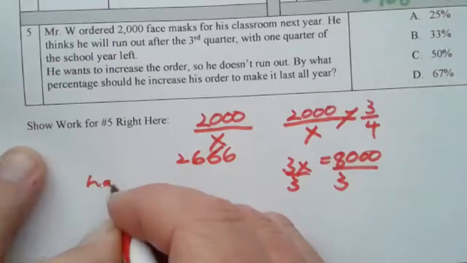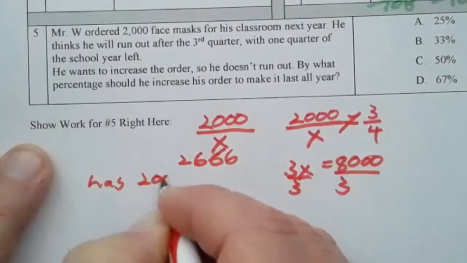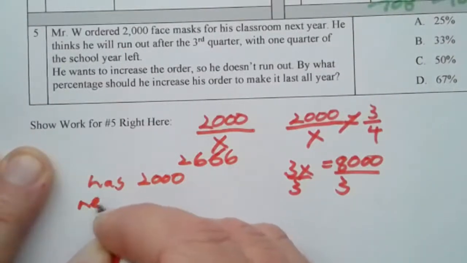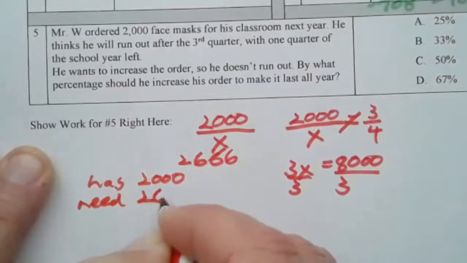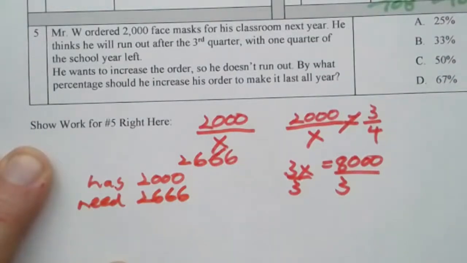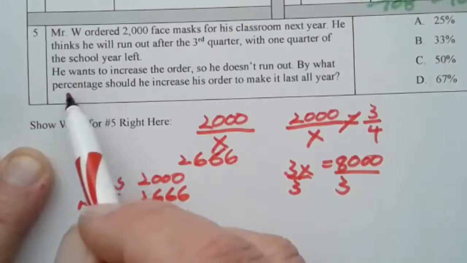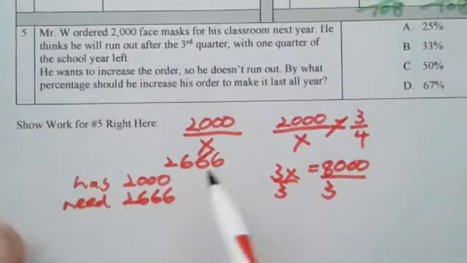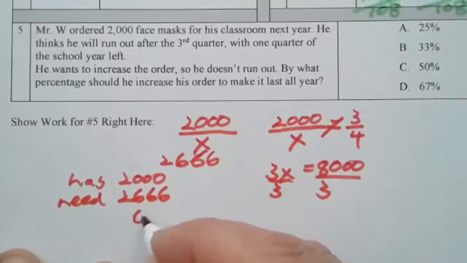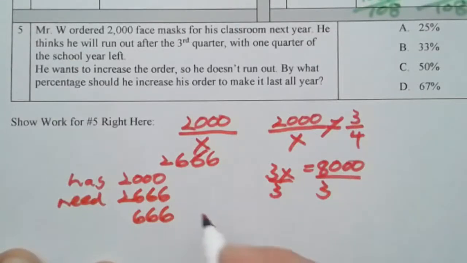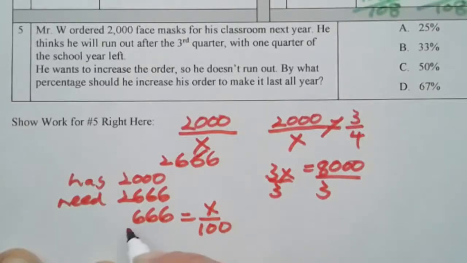So if I have 2,000 and I need 2,666, the question is, by what percentage more? So 666 is what percent of 2,000?